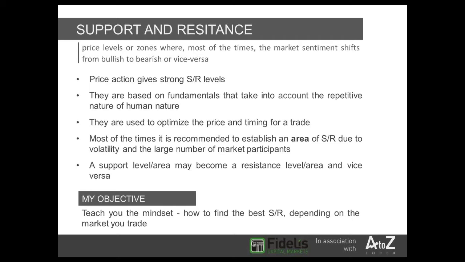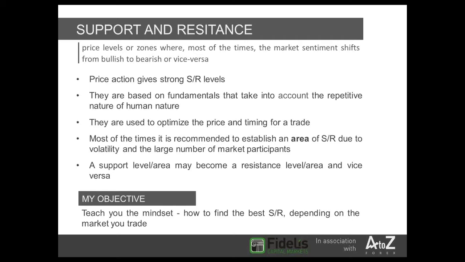Most of the times, it is recommended for you to establish an area of support and resistance. You know why? Because it's highly improbable for the price of a market that is so big, like, for example, the euro-dollar cross, to retrace from a level just from one pip.